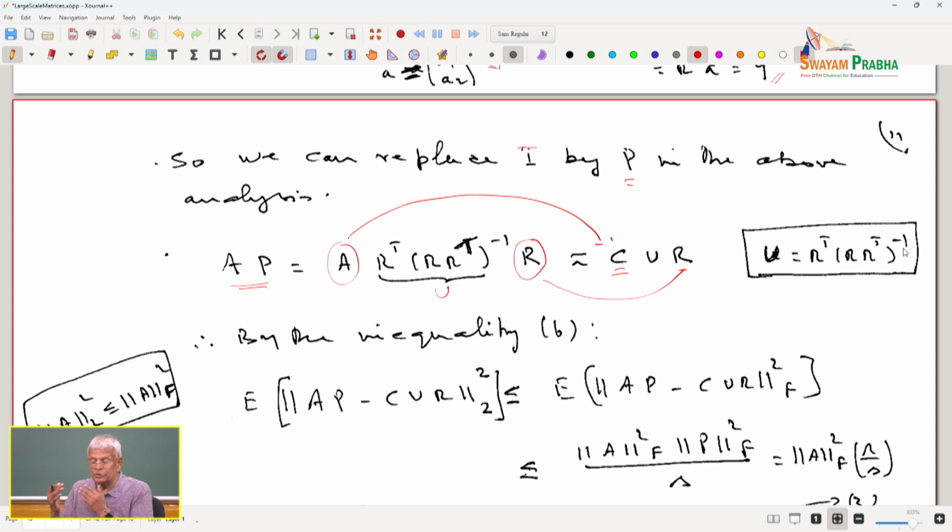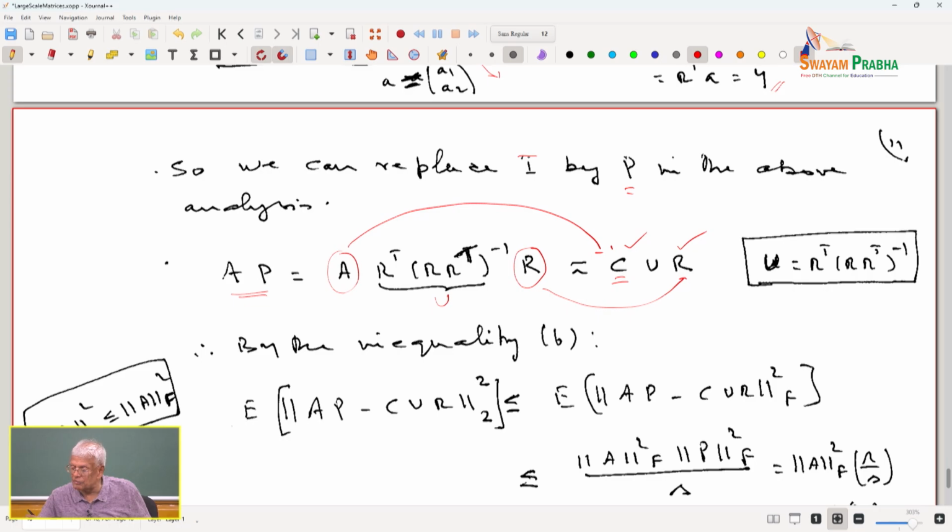Now, look at this. This is a beautiful idea. I want to elaborate on this a little bit more. So, what did I do? You pick C, you get the C. You pick R, you get an R. From R, you compute P. P is expressible in terms of R as R transpose (R R transpose) inverse R. So, I have identified R. The remaining thing is called U, and U is essentially R transpose (R R transpose) inverse, and what is this?